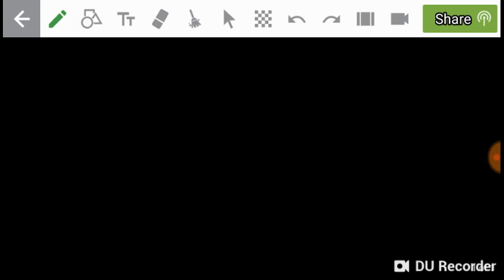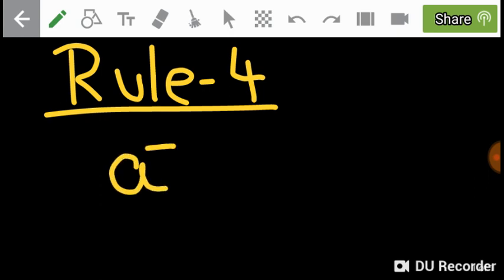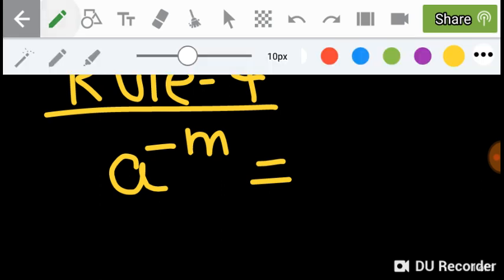Now let us move on to another rule, which is rule 4. And I tell you, I really like this rule a lot because in a lot of problems you will be facing this rule, and every time this comes up it's fun to do. a to the power negative m. Now just look at the top over here for a while.